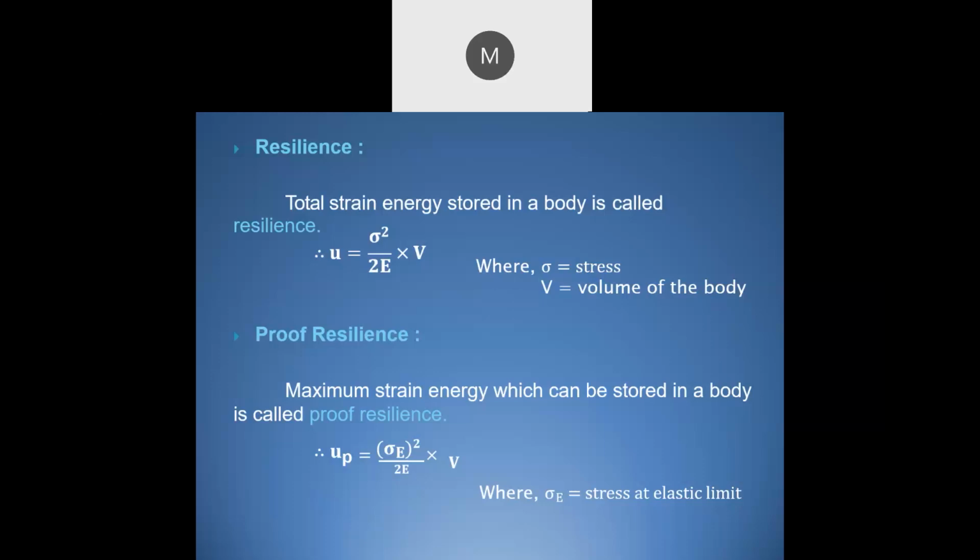Now sigma e means the stress at elastic limit. Why elastic limit? Because at elastic limit only you will reach the maximum amount of stress. So the difference is that the total strain energy stored in the body is called resilience, and proof resilience is the maximum energy which can be stored in the body.